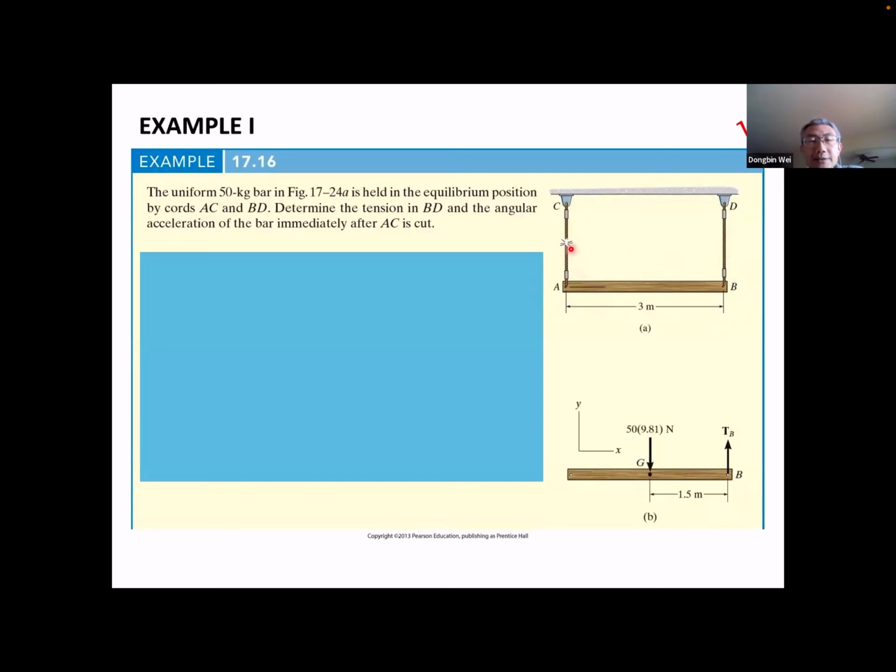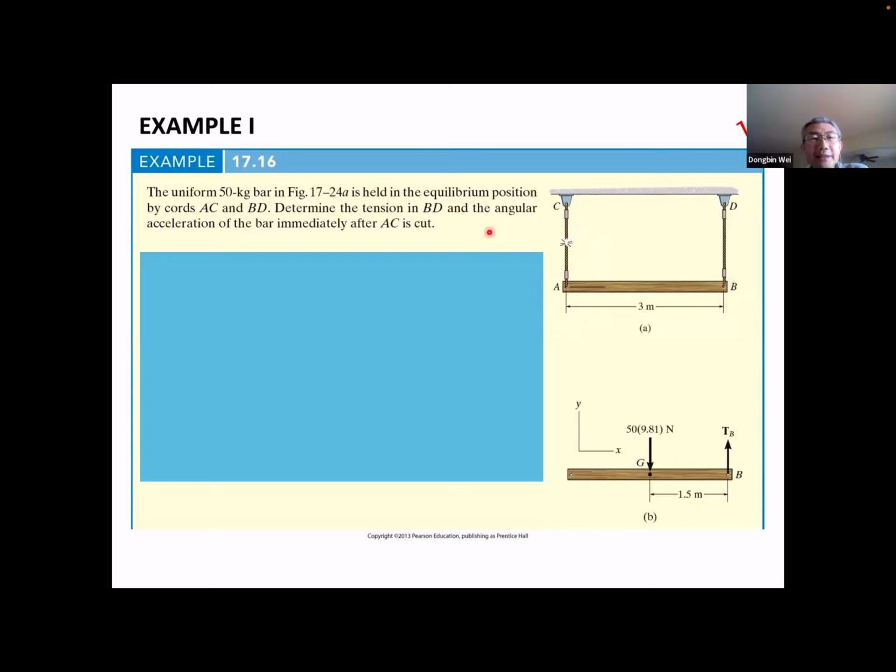If we cut this cord CA, what will happen? This uniform bar will lose its balance. So this means if we cut cord CA, this bar will have an acceleration.